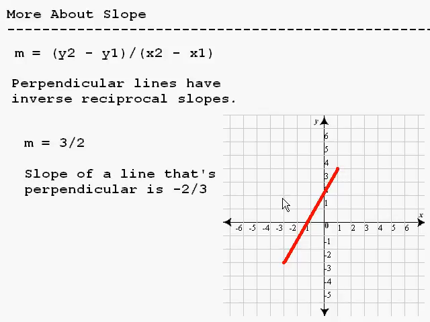That means that it has a rise of -2 for a run of 3, -2 for a run of 3. If you turn your head sideways, you'll see that it crosses at 90 degrees. That's a right angle. And that's everything there is to know about slope.